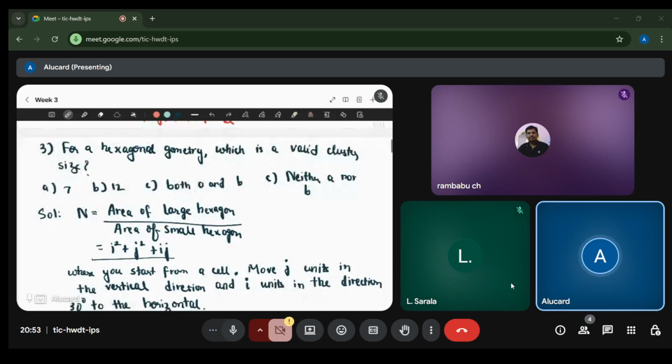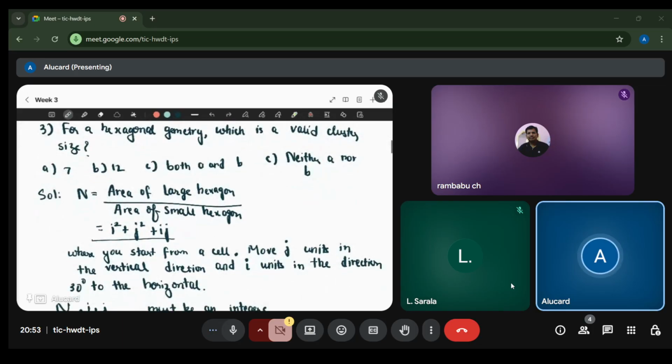Then for question number 3, they have asked for hexagonal geometry, which of these cluster sizes is valid?